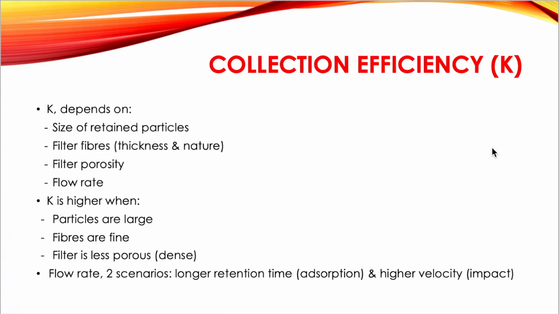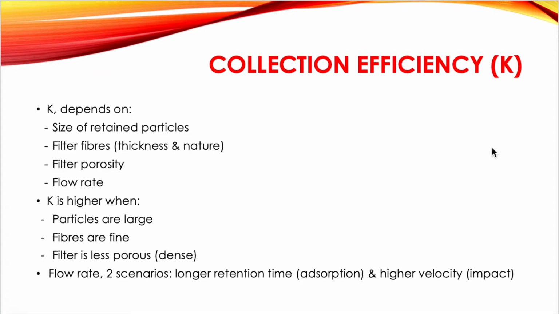K depends on the size of retained particles, the filter fibers, including the thickness and nature of the fibers, filter porosity, as well as the flow rate of the fluid coming through the filter media. So K is higher when particles are large, fibers are fine, and the filter is less porous or dense, and depends on the flow rate.